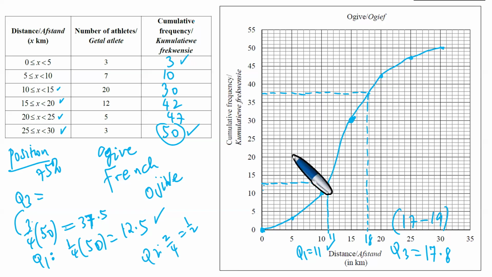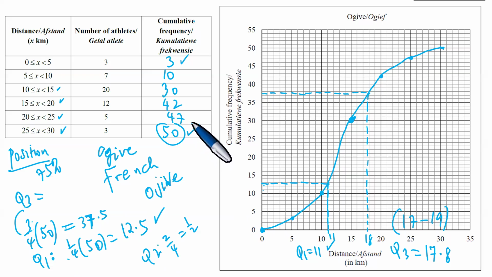You can always do it that way, but as said already, the most accurate for grouped data is this: because this data is grouped, we got a 12.5 here. How did you get 12.5? You said 1/4 of the total.